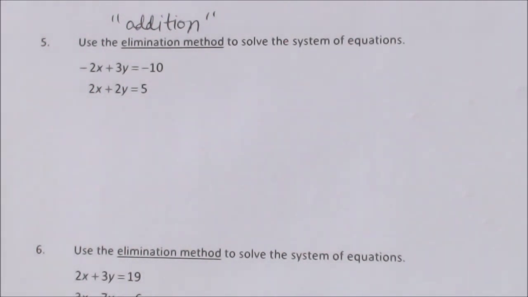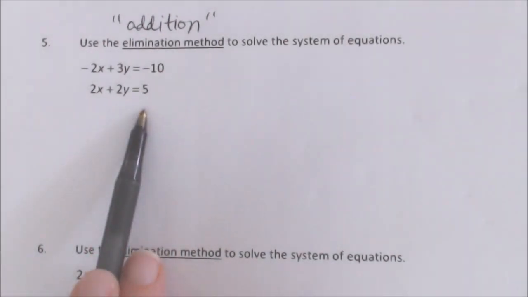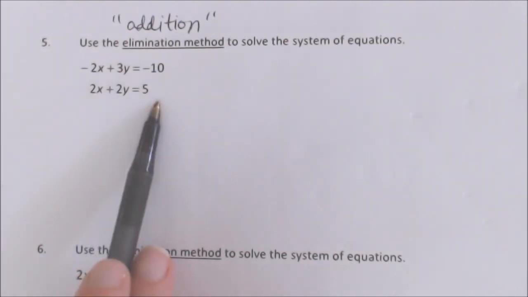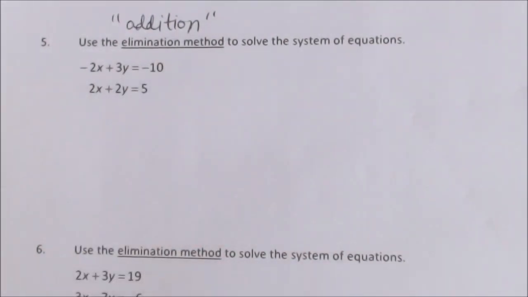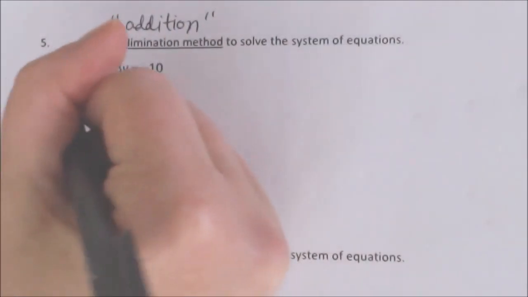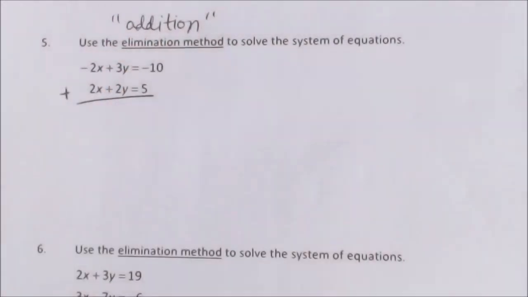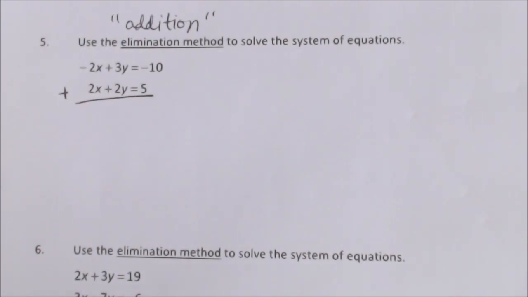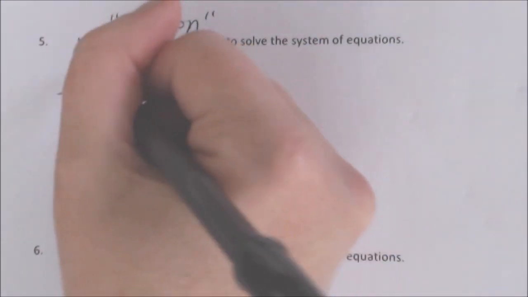So look at the way these are lined up. First thing you want to observe is that the x's are nice and lined up, the y's are nice and lined up, and the constants are lined up. That's the ideal way to solve a problem when you're working with the elimination method. And if you notice, if I go ahead and add these two equations together, what will happen to the x terms? So the -2x and the +2x will be eliminated.